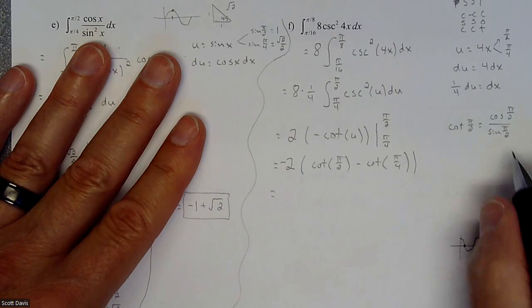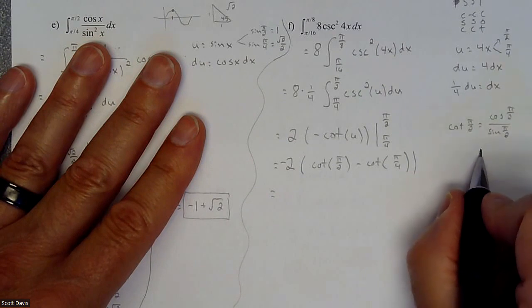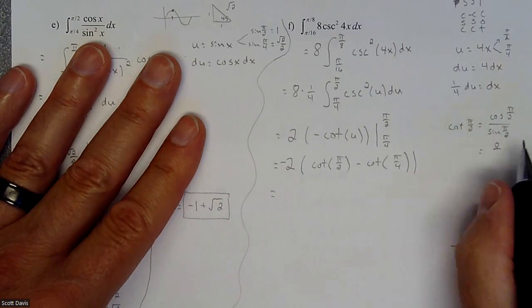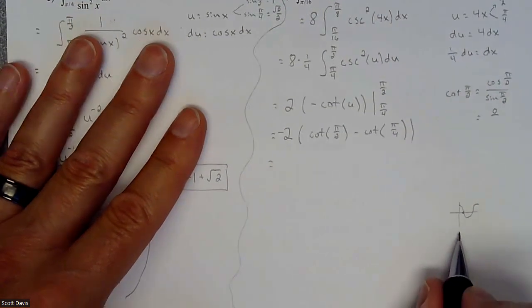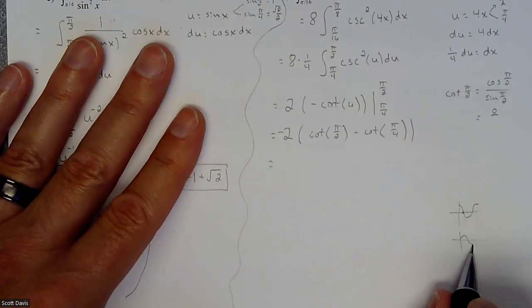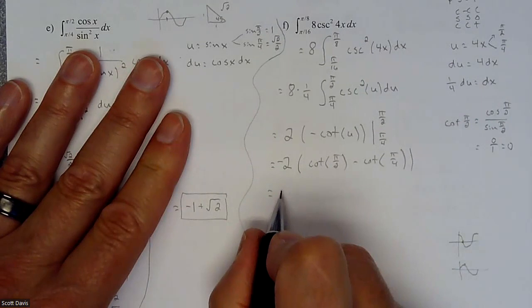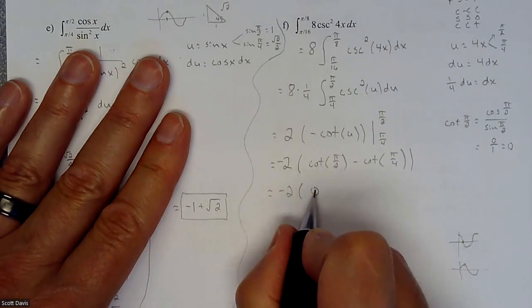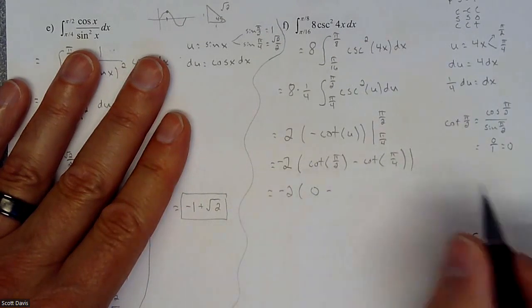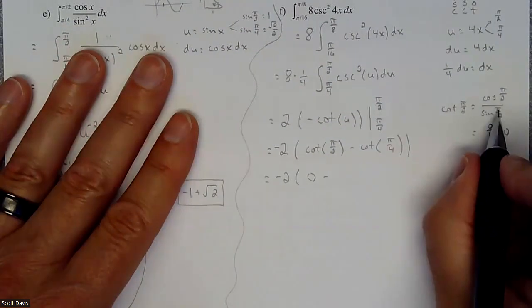There's the pi over 2. So that's going to be a 0. Sine looks like that. So that's going to be a 1. So 0 over 1 is 0. So a -2 times 0 minus cotangent of pi over 4.